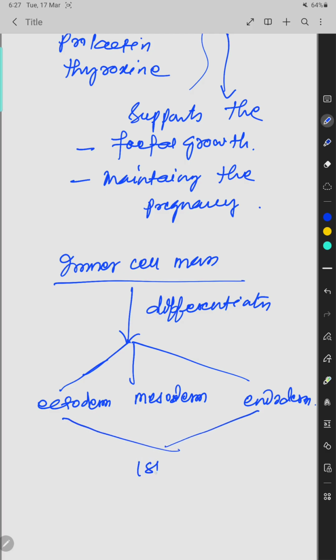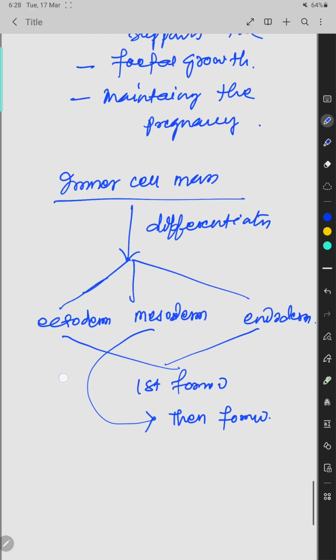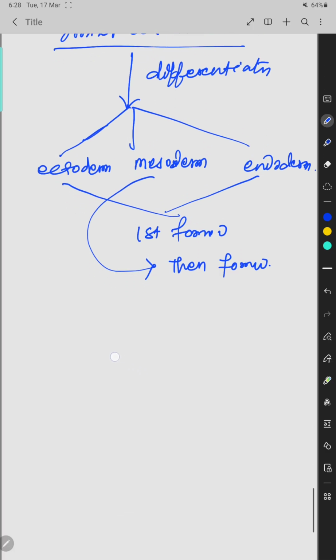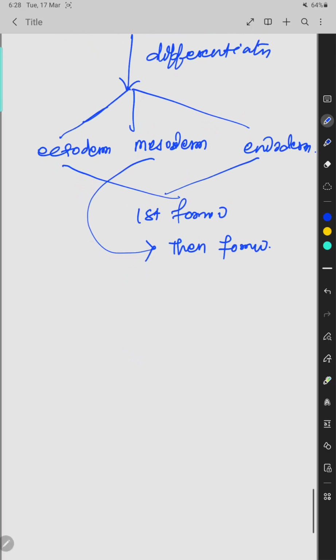First ectoderm is formed, okay, then mesoderm, then endoderm is formed. Okay, and very important, the inner cell mass has stem cells. What is stem cell?